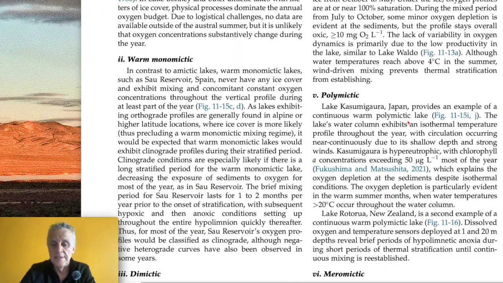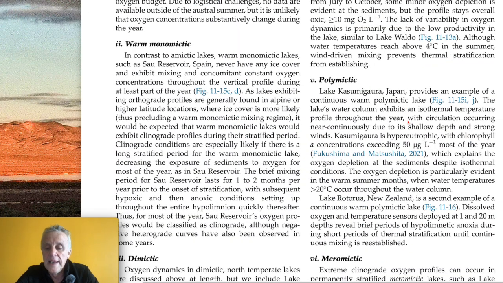And then let's look at our last lake here, a polymictic lake. Lake Kasumigara in Japan provides an example of a continuous warm polymictic lake. The lake's water column exhibits an isothermal temperature profile throughout the year, with circulation occurring near continuously due to its shallow depth and strong winds.